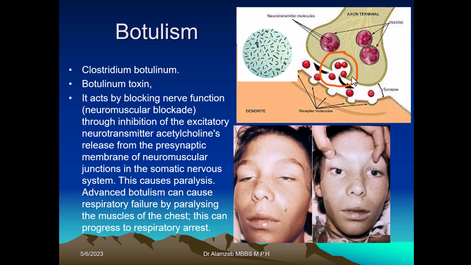In this condition, acetylcholine is prevented from being released into the synaptic cleft. The vesicles are prevented from releasing their neurotransmitter, and when there is no acetylcholine, the receptor on the muscle fiber has nothing for stimulation, so contraction will not occur, and this leads to paralysis of muscles.